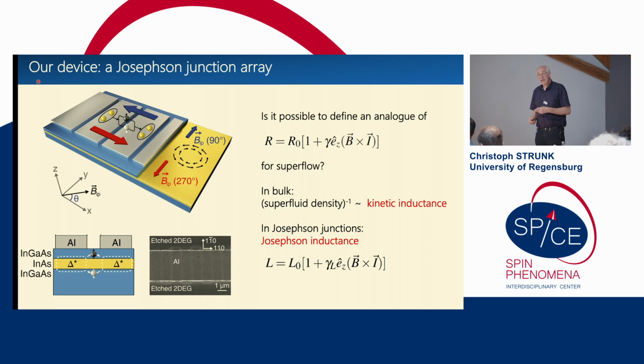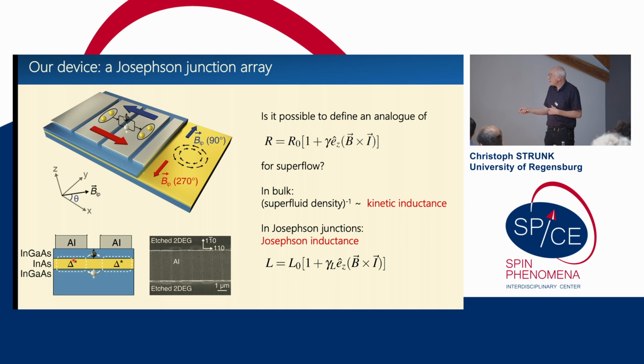But with this, let me come now to our experiment and our device. So what we investigate here is a chain of Josephson junctions, in this cartoon, where we have an epitaxially grown aluminum film on top of a semiconductor quantum well, here in yellow, which is indium arsenide with some shallow barriers left and right.